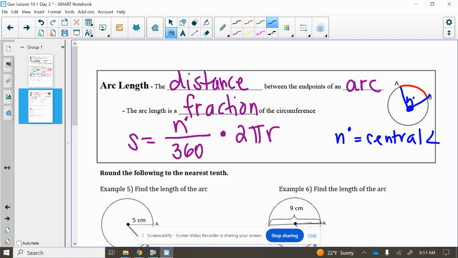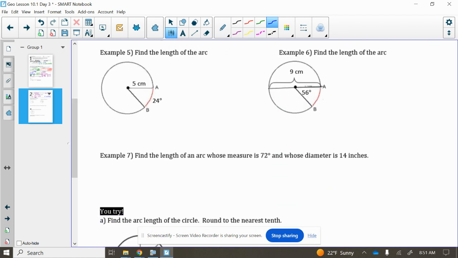So down below, we see a couple examples for us to try. The first one is asking us for the length of this arc shown, A to B. So again, we're going to use the central angle measure, which is the same as the arc degree. These are both going to be 24. We're going to divide that by 360, and then multiply it by 2 times pi times that radius value.